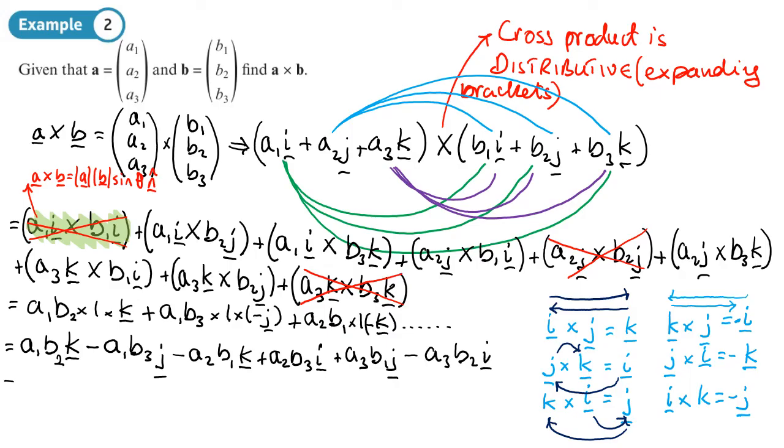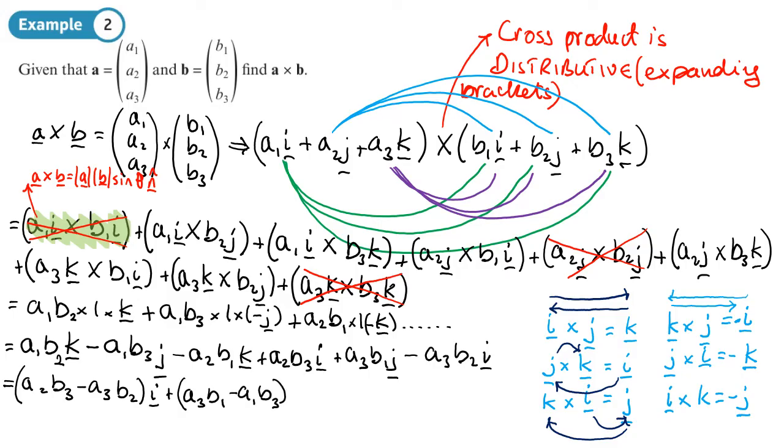Now what I'm going to do is collect together all the i terms, all the j terms, all the k terms. So if I collect together the i's and their coefficients, I'll have A2 B3 minus A3 B2 i. Then I'll do the same with the j terms. So I'll have A3 B1 minus A1 B3.